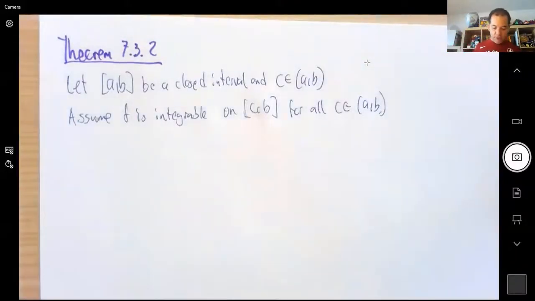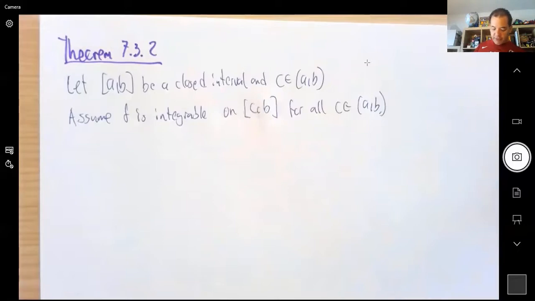And then what we want to do is show that it's integrable in the big one. So how are we going to do it? Well, we're going to use our workhorse, right? We're going to show that for every epsilon, there's a partition that makes the upper sum minus the lower sum less than epsilon. So how are we going to create that one?